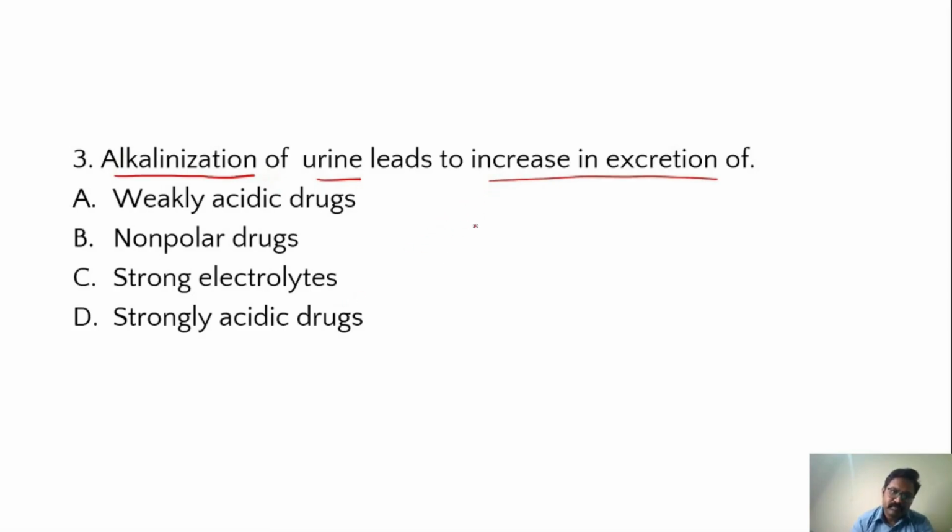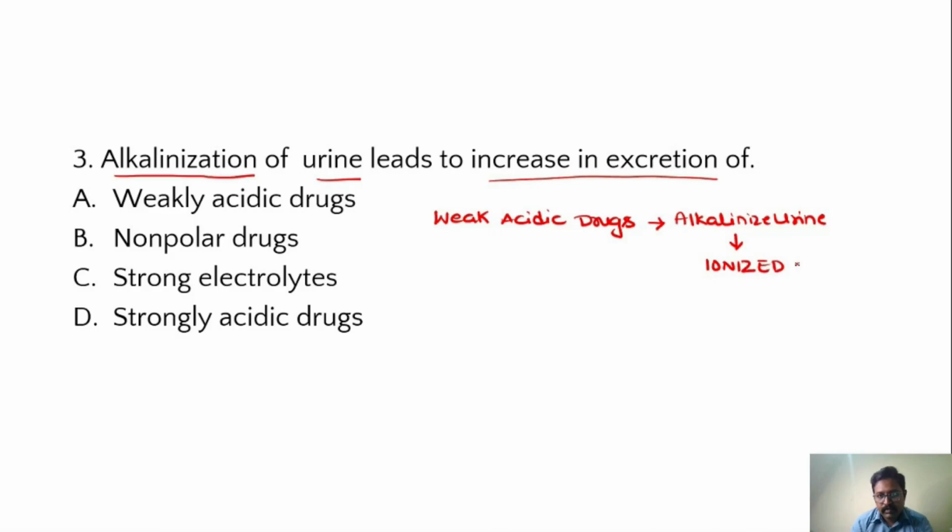Please remember, if there is an overdose of weak acidic drugs and you want to remove them, you need to alkalinize the urine, so that these weak acidic drugs in alkaline urine form ionized forms of weak acids, and this can be easily excreted.